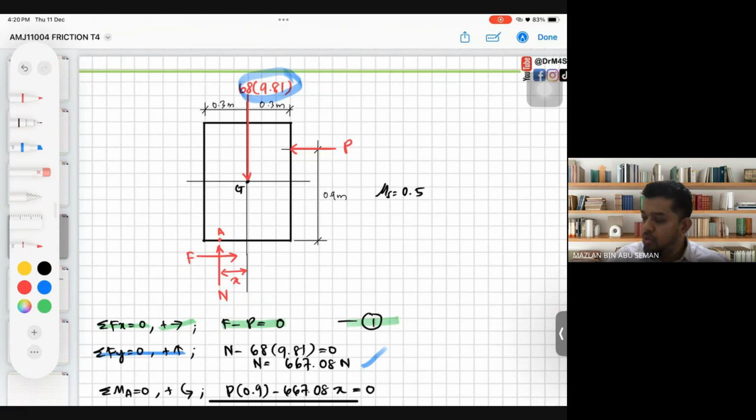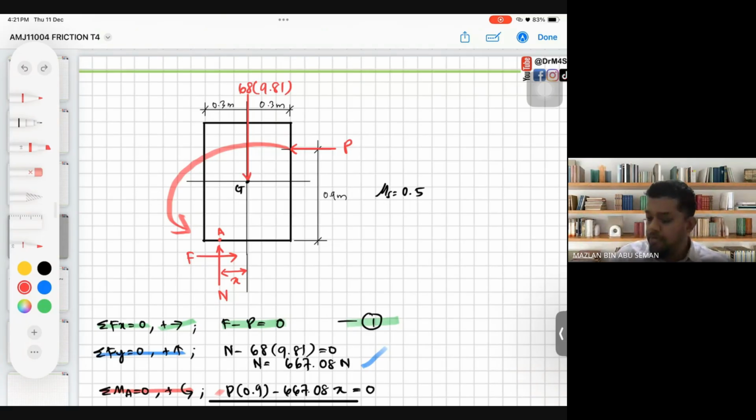Then what we have to do, we have to take moment at point A, positive anti-clockwise. So we have P to point A is anti-clockwise, that means positive.